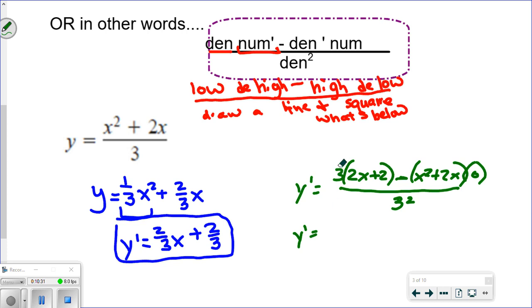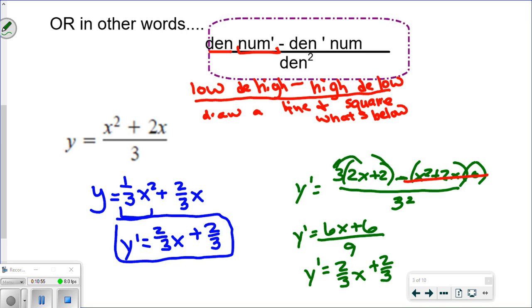So this would be 6x plus 6. Anything times 0 is 0, so all of this is just kind of pure silliness. And then we have draw a line and square the 3, so that's 9. 6/9 is obviously 2/3, and 6/9 is still 2/3. So we got the same answer here using the quotient rule.